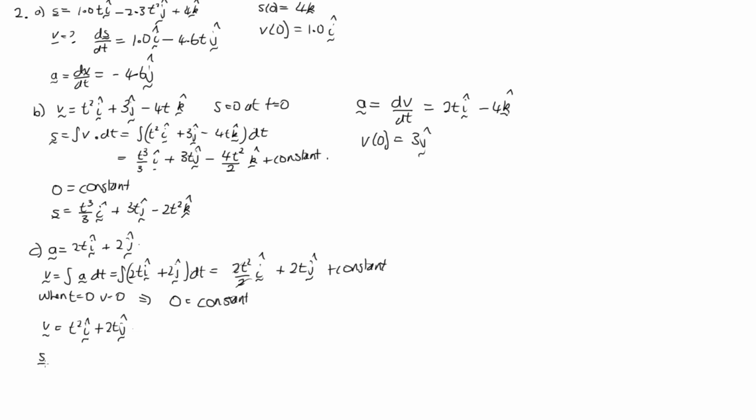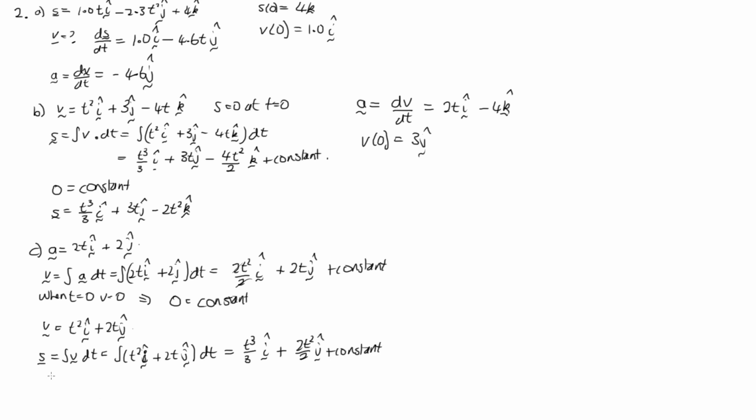And then we need to get our displacement, which is the integral of the velocity with respect to time. So we're integrating this, t squared i, sorry, that's an i, plus 2tj dt. And when we integrate that, we've got t cubed on 3 i plus, here we've got 2t squared on 2 j plus our constant.